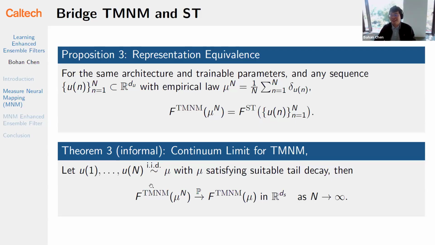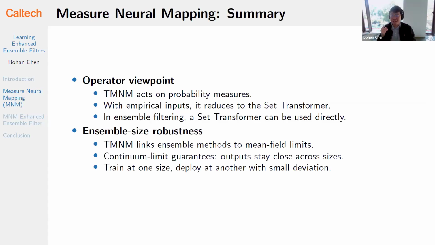So in summary, we introduce this TMNM, which acts as a Liouville operator acting on probability measures. And it's equivalent to the Set Transformer with empirical inputs. In the ensemble filtering setting, we can use a Set Transformer to deal with the sequence input, or the ensemble input.